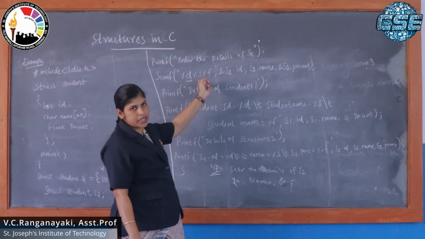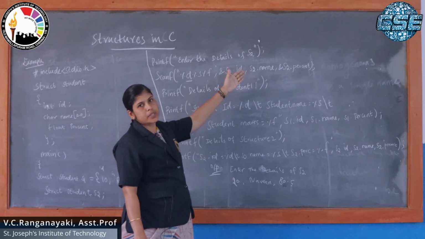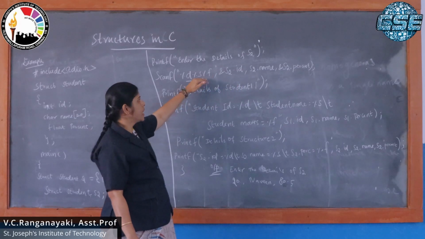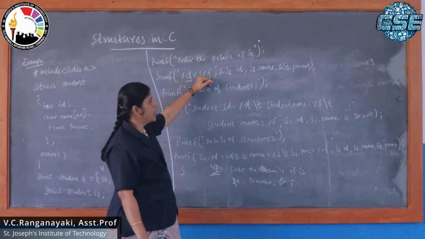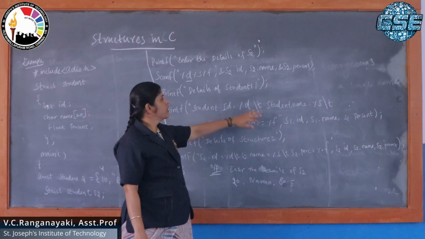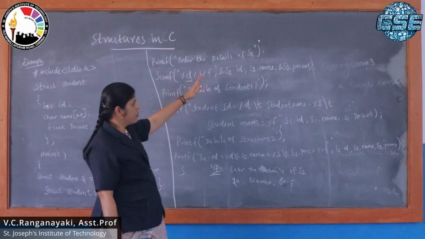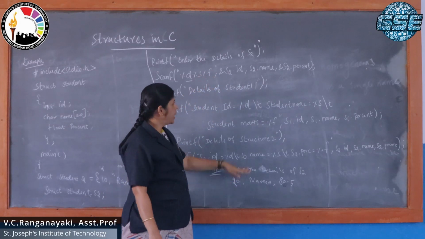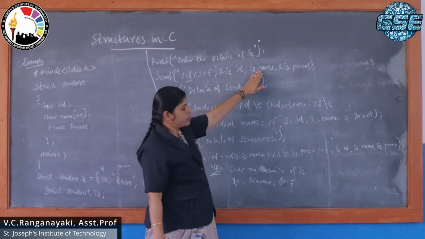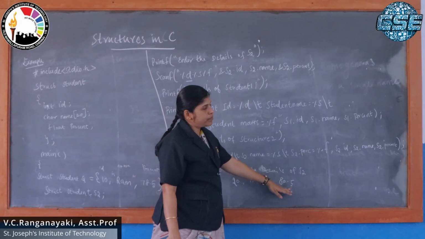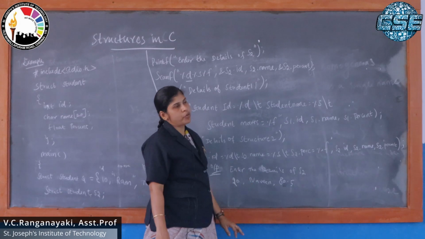The second is %s, for a name, that is a string. And percent is a float type, so I give %f. So 20 goes to ID, S2 name is Naveen, third percent is 80.5.